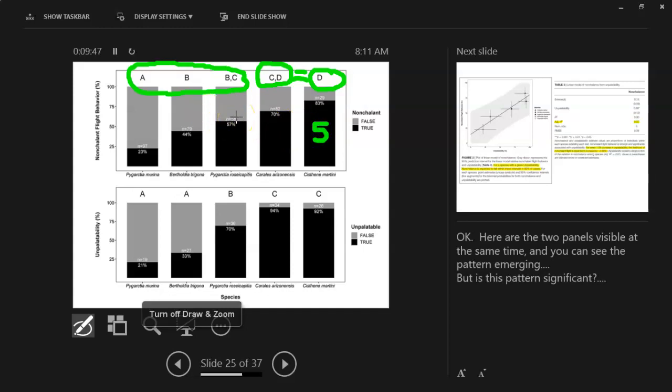Oh, wait, that's our Cisthene martini. When you compare Cisthene martini to the other three species to the left, you see that they share different letters of the alphabet, indicating that Cisthene martini is significantly more likely to show nonchalant flight when compared to these three species.